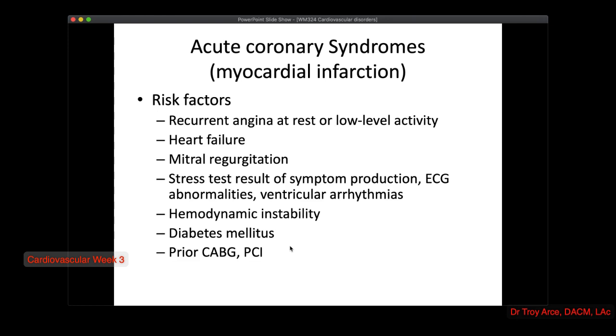Some of the risk factors involved with it are recurrent angina at rest or low-level activity. It goes hand in hand with what I mentioned before about whether the patient is resting or exercising, in previous lectures. So know that, stable versus unstable. Heart failure, mitral regurgitation, and stress test results of symptom production, ECG abnormalities, ventricular arrhythmias, hemodynamic instability, diabetes mellitus.